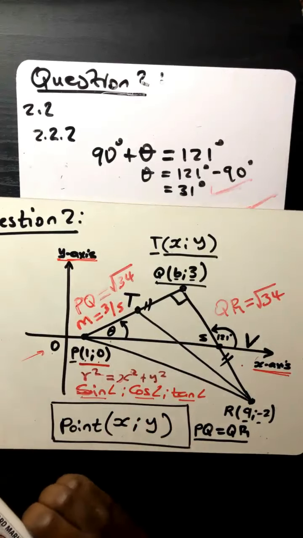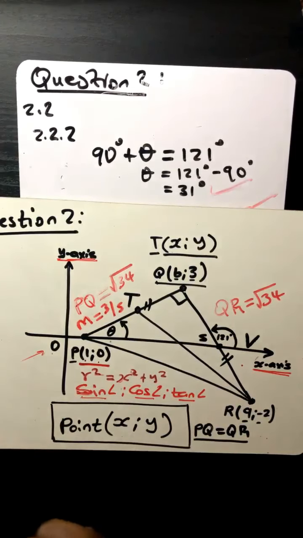I'm just not sure if we can make that conclusion, so let's wait until we do that chapter of Euclidean geometry. Then from there, we can easily provide reasons and easily solve this type of question.